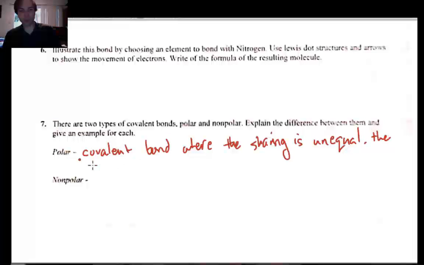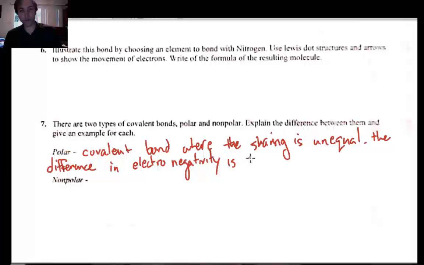So the difference in electronegativity is greater than 0.5 and less than 1.7.